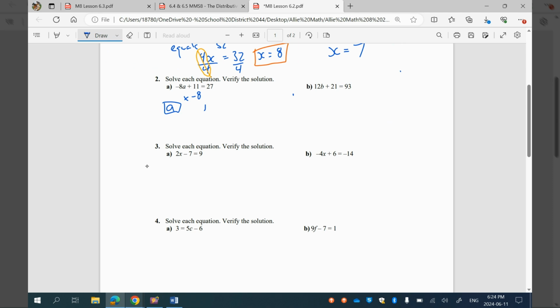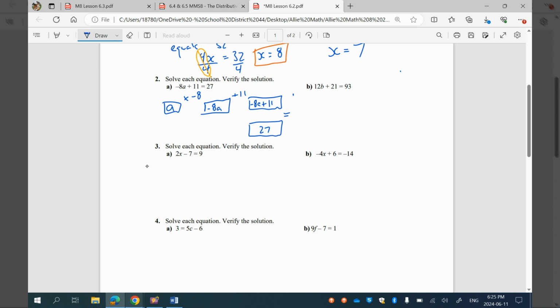So our next step, you can imagine we have a negative 8a. And then the next thing that's happening, 11 is being added to it. So in our next part, we have negative 8a plus 11. And then you can imagine our equal sign. We're going to undo this. So now we have our equals 27.